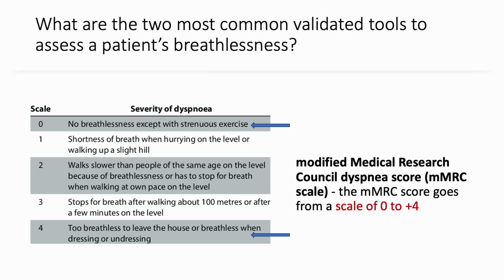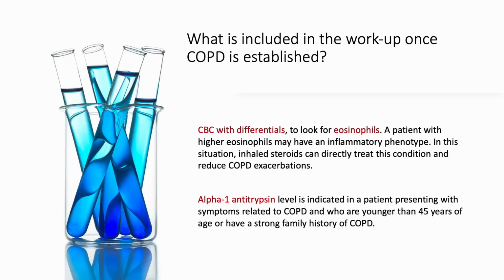A scale of 0 is a patient with no breathlessness except with strenuous exercise. A scale of 4 is a patient who is too breathless to leave the house or breathless when dressing or undressing.